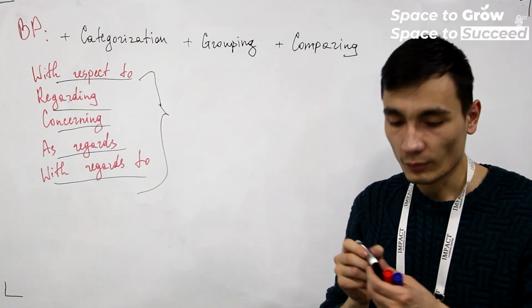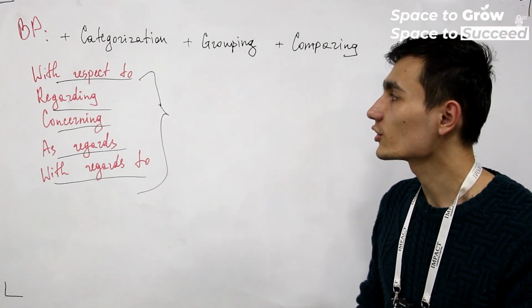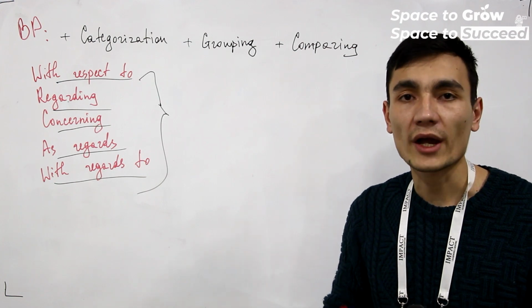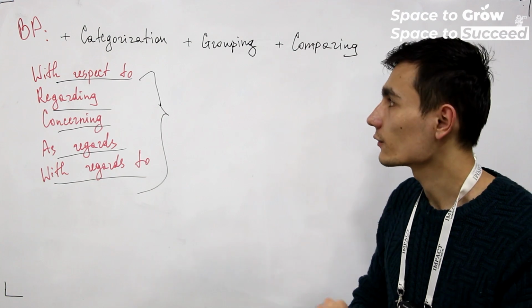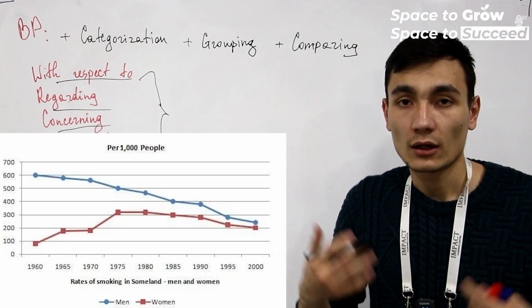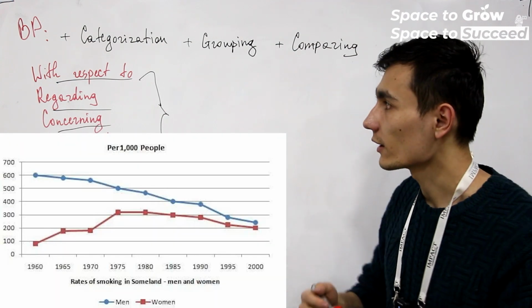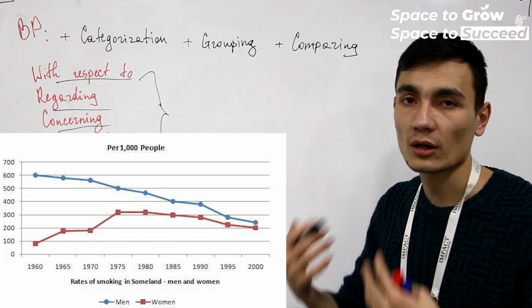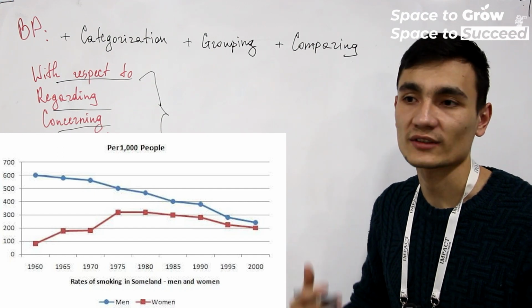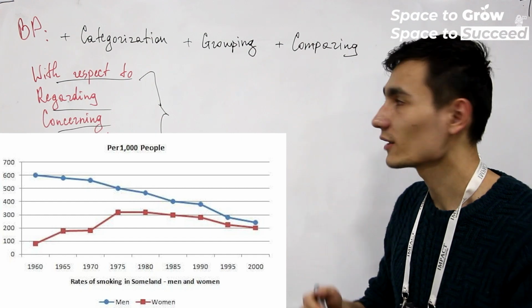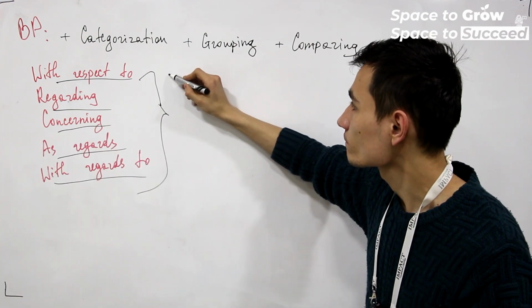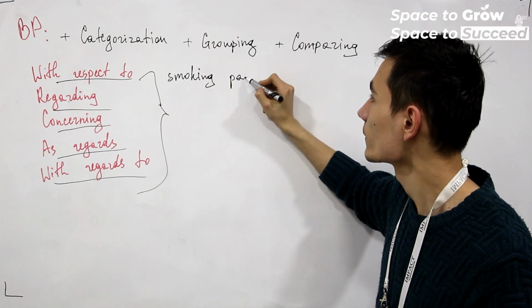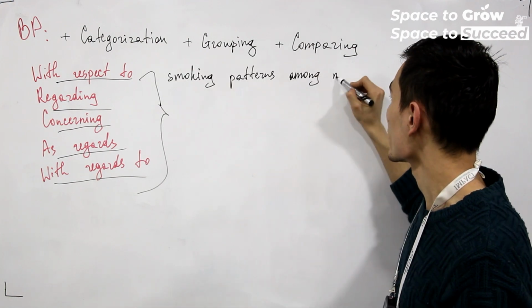And here, maybe imagine we used with respect to, and here we have to talk about line graphs. The first graph that we had was males, right? So we talk about males, but we cannot just say males. We have to talk about what there was in connection with males. So it was smoking. We say with respect to smoking, the patterns, smoking patterns among males.